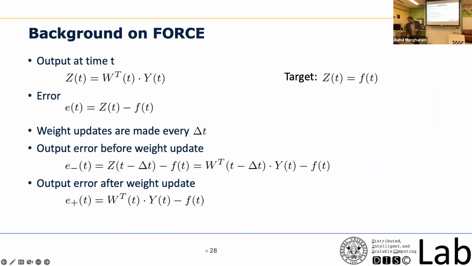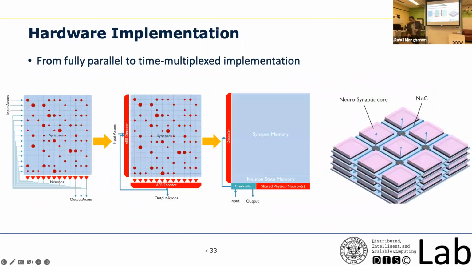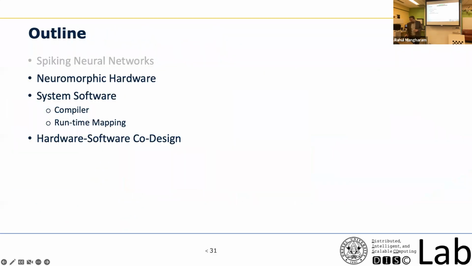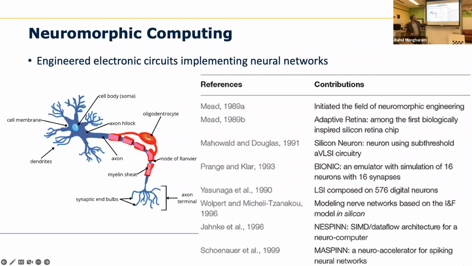Okay, so with that, let me shift gears a little towards hardware. The algorithm is what we talked about. Then we have the whole hardware. Again, this is the biological neuron, but you cannot implement every single thing of a biological neuron, so only a limited amount of components of the biological neurons are usually modeled in spiking neural networks.